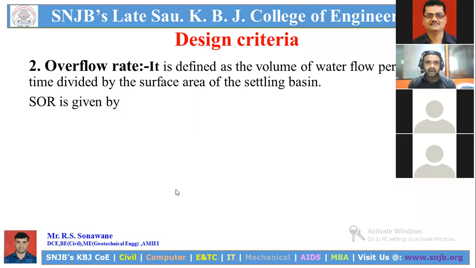So surface overflow rate is given by SOR, which is equal to the discharge, the volume of discharge, which I always denote as Q, divided by the surface area per unit time. Is that clear? So this is about overflow rate. What should the overflow rate be in the grit chamber? We can see here. So this is the flow rate and the surface area.